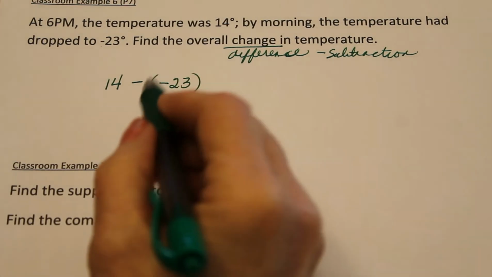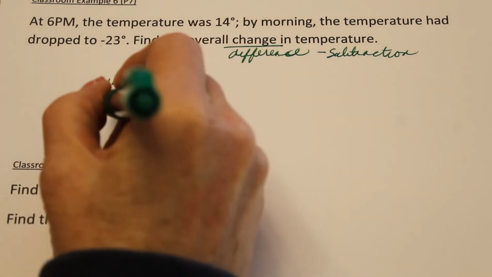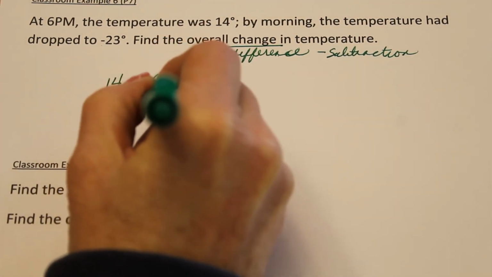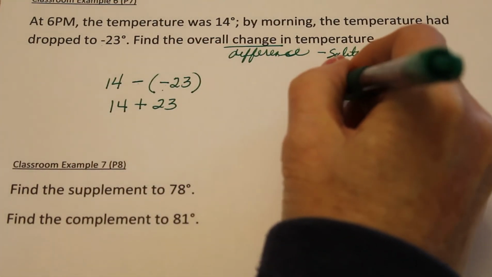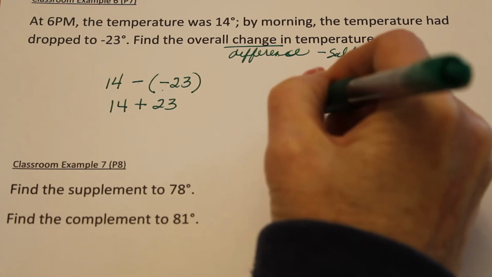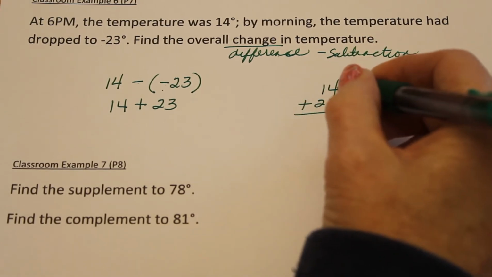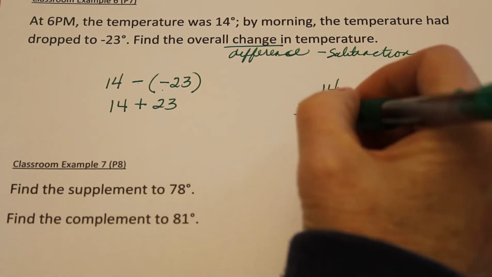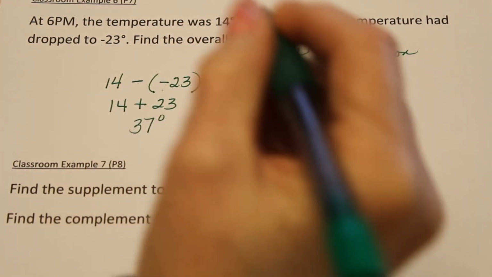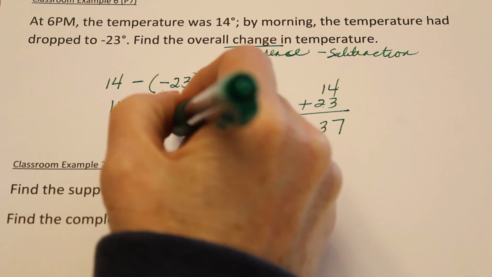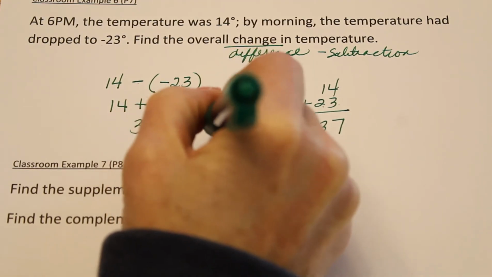All right, so here's our negative of a negative again, so that's going to become a positive. And what is 14 plus 23? I'll do that on the side just because you can't use a calculator just yet. 4 plus 3 is 7, 1 plus 2 is 3. That is a 37-degree change.